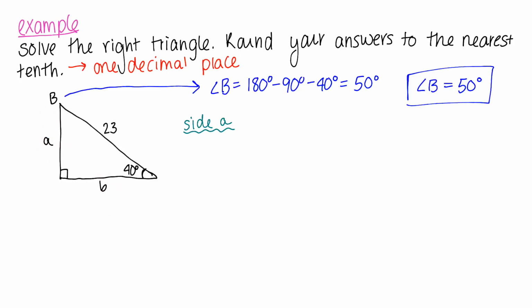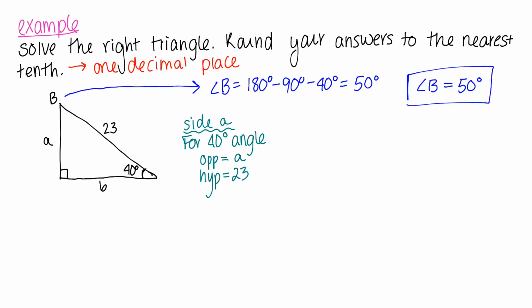If I want to solve for A, I'm going to have to use the side length I know, which is this guy over here, the hypotenuse. I know that the hypotenuse is 23. So looking at the 40-degree angle, his opposite side is A. So 40 degrees, his opposite side is A. And his hypotenuse is 23.